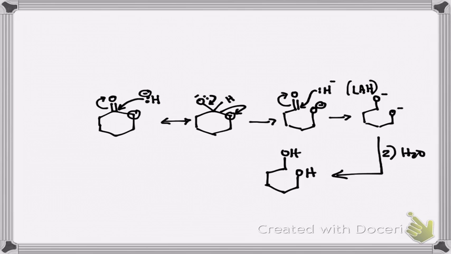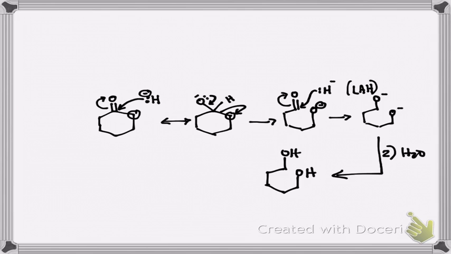And so you'll end up with that bond being broken, right? And then what happens? If it's lithium aluminum hydride, a second one comes in. So this represents my LAH, okay?